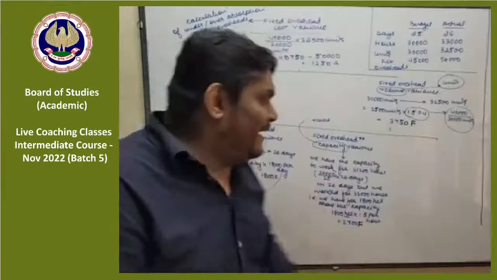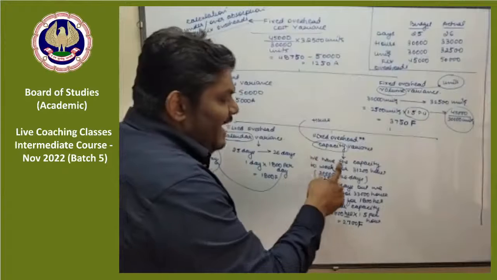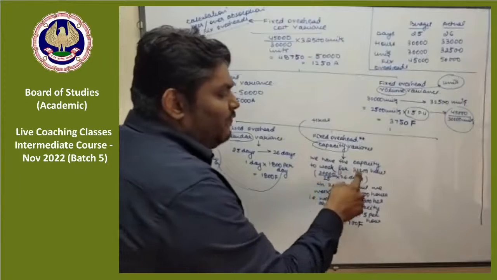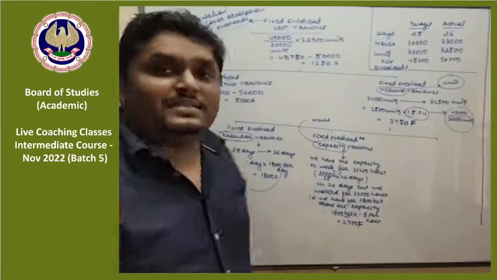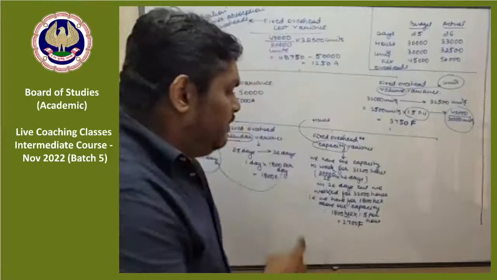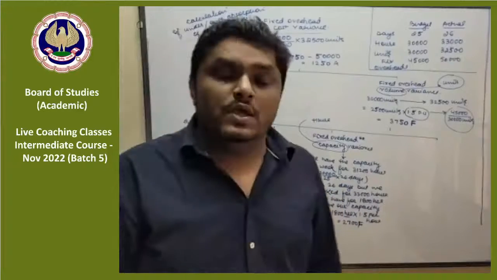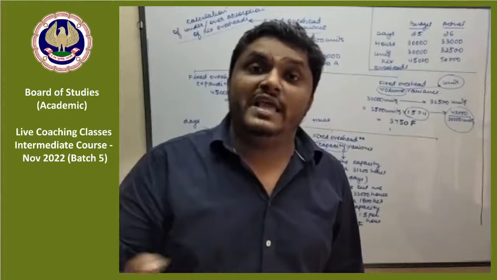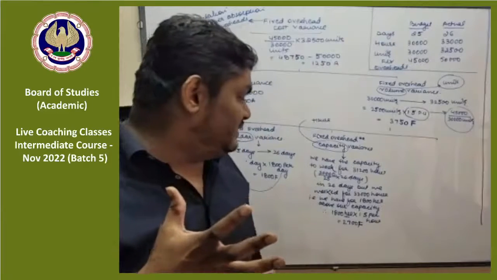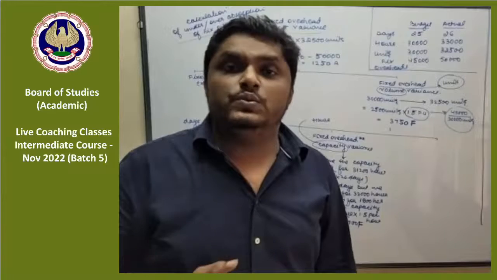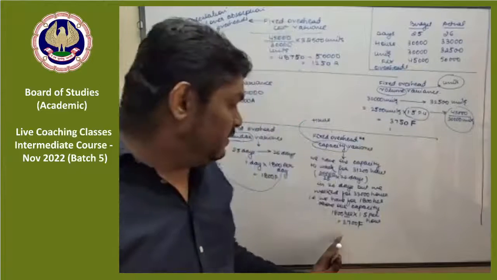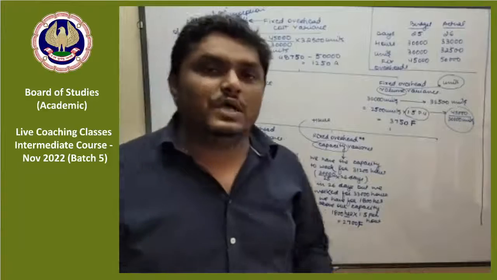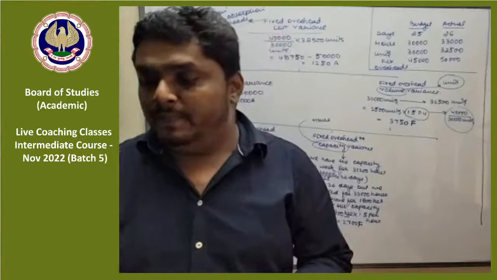We can say we have the capacity to work for 31,200 hours in 26 days, but in these 26 days we worked for 33,000 hours. It means 1,800 hours extra into the rate of 1.5 per hour, the budgeted rate per hour. So this is how I got 2,700 favorable.